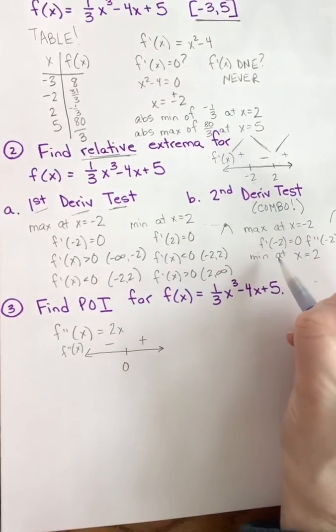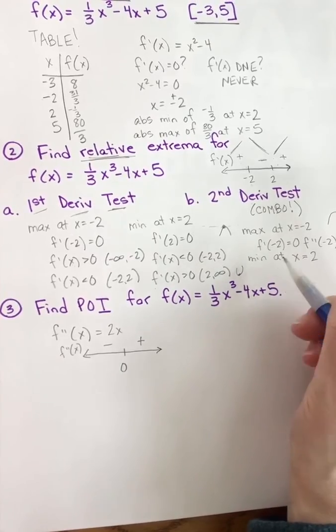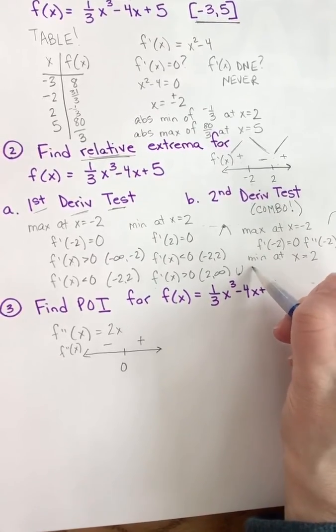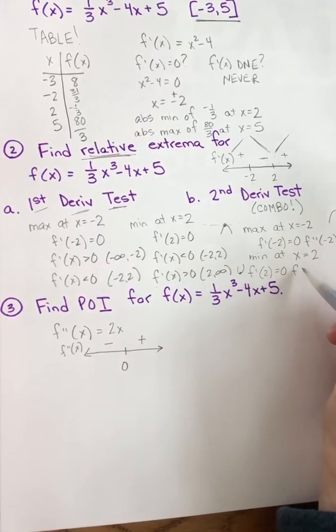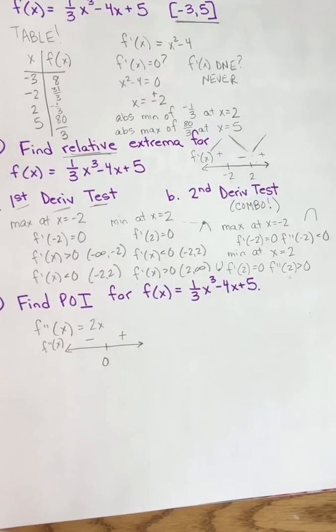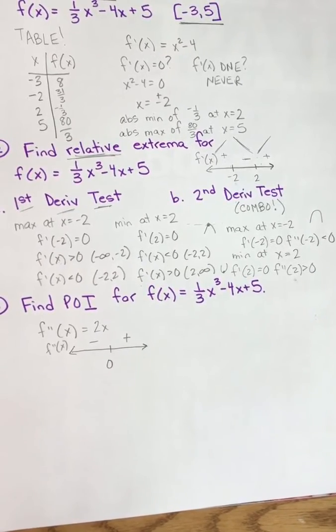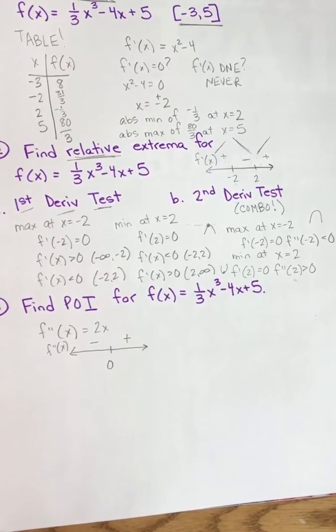My minimum, similarly, would now be concave up. So my first derivative would be 0, and my second derivative would be positive. Notice there are no intervals involved in the second derivative test. For both of them, what you see is what you get.